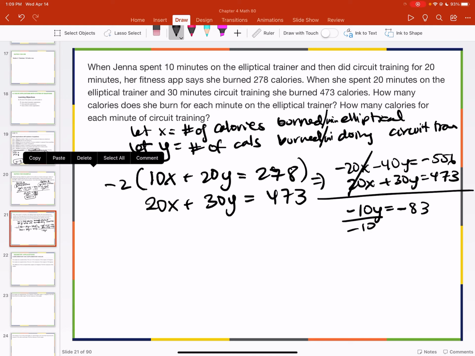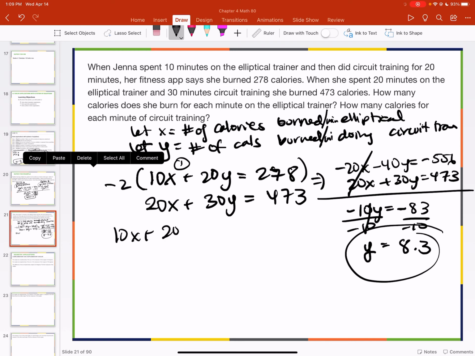Divide by negative 10. So the number of calories burned per minute doing circuit training is going to be 8.3. So then to find x, we plug it into either one. So let's plug it into the first equation here. So 10x plus 20 times the y that we just found, 8.3, is equal to 278.